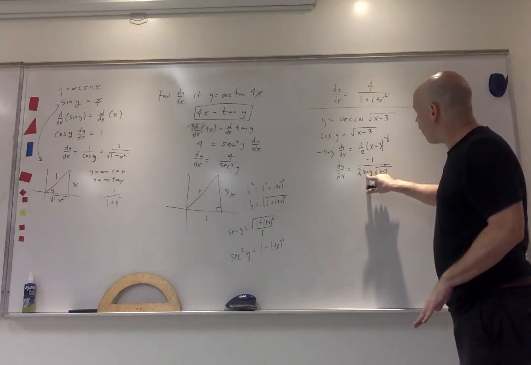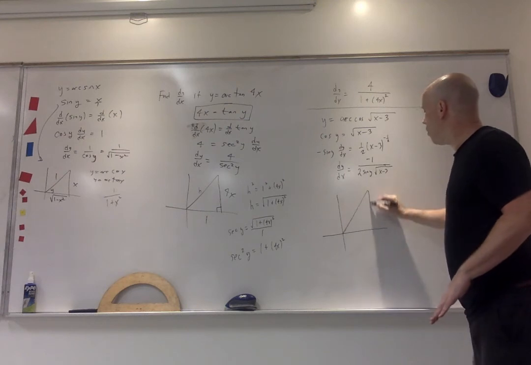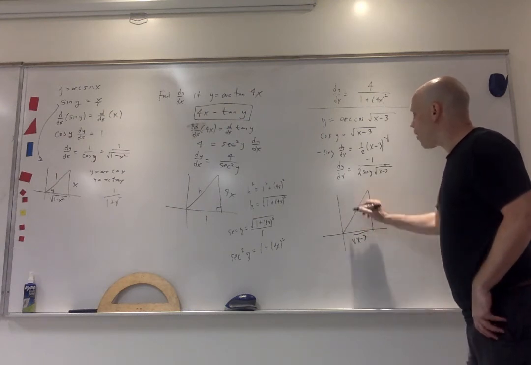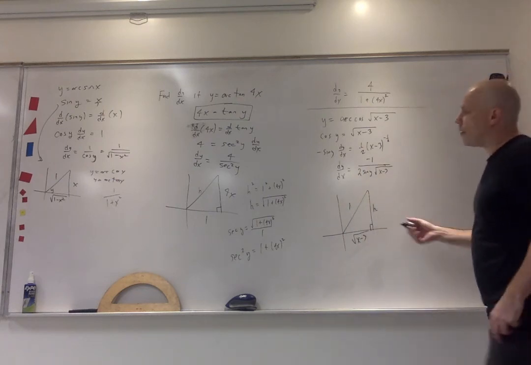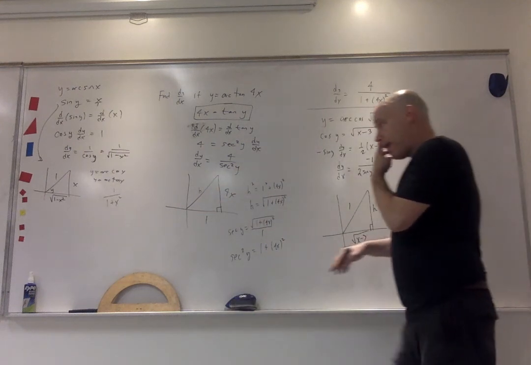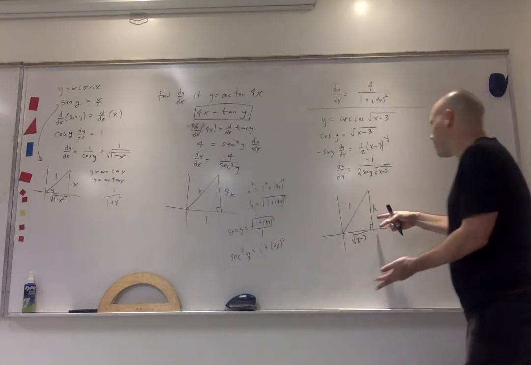Let's get rid of the sine of y. We have our triangle. We know that this side is the square root of x minus 3, and the hypotenuse is 1. Use Pythagoras' theorem. Let's call the other side h for height.